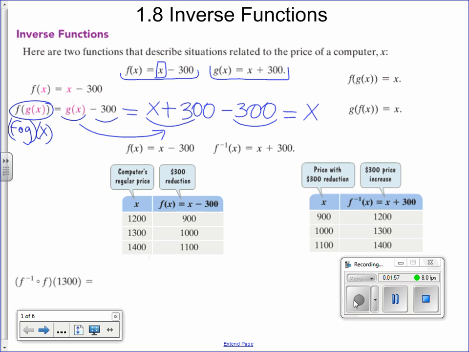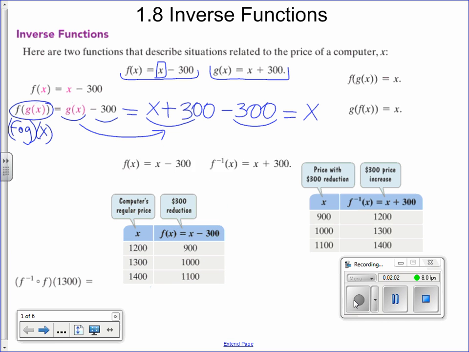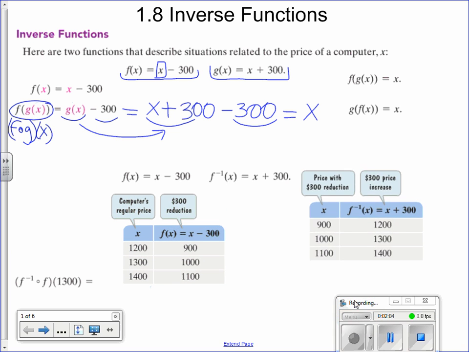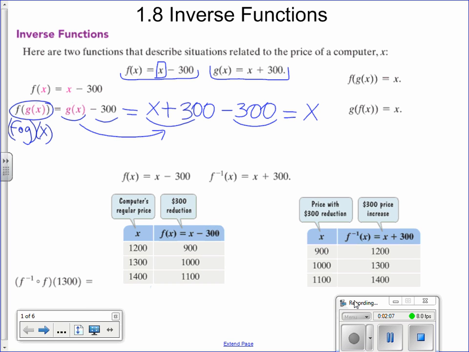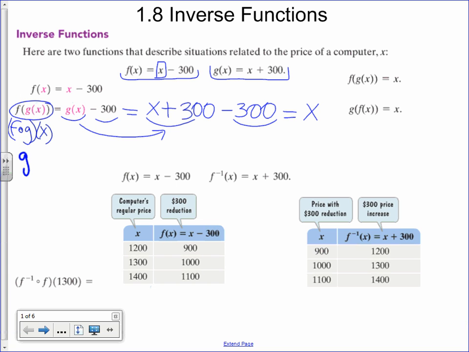Okay. So when that happens, let's see if it is true. Let's do it for both. So now I would like for you to do the following. Let's find g of f of x. You already know the function that comes second is the one inside the other. This will be g of f of x. And we know function f is x minus 300.